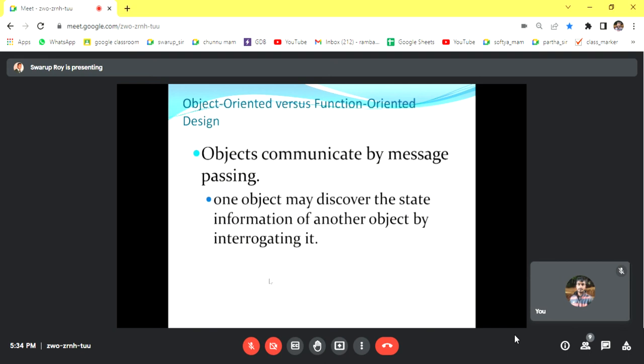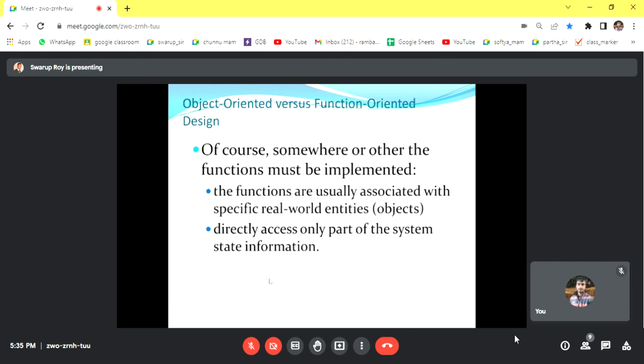That is what is called the message passing way of communicating. Of course, you need to do some function-oriented modeling also, because ultimately you have functions, but they should be within that object. We will see with some examples later how they communicate with each other when we study in detail.